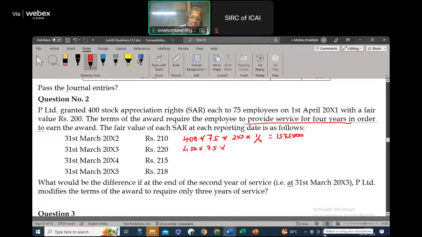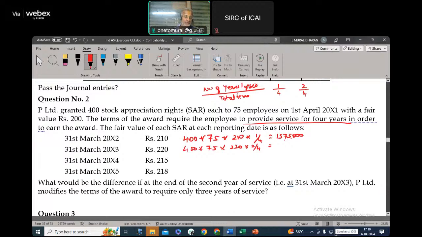Second year, into 2 by 4. Why 2 by 4? The 1 by 4 is the number of years lapsed divided by the total time: 1 year gone out of 4, so 1 by 4. Next, the number of years lapsed becomes 2 years out of the total time of 4, so it is 2 by 4.